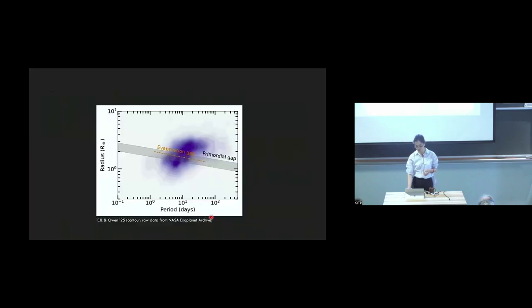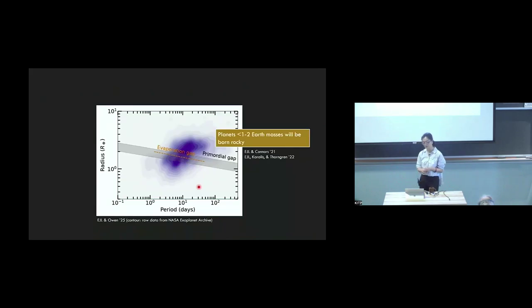All right. So coming back to these edges in the radius-period space, looking at this gap, this bifurcation, we will start with the natural bifurcation between the rocky bodies and the more gaseous sub-Neptunes, and that's going to happen at around 1 to 2 Earth masses.